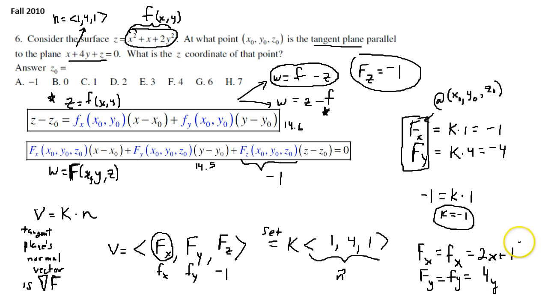And you're going to set these equal to -1 and -4 respectively when you evaluate them at x0 and y0. So we'll solve for x0, y0. I'll let you finish it out. And then you'll go back into the original function and find z0.